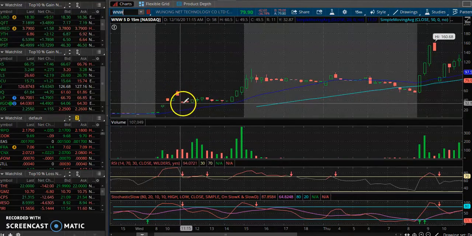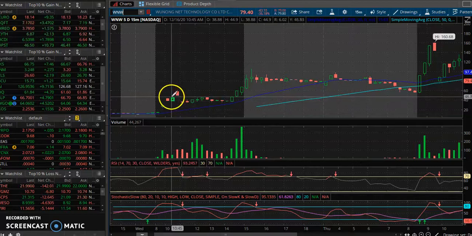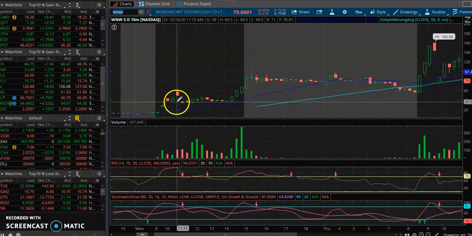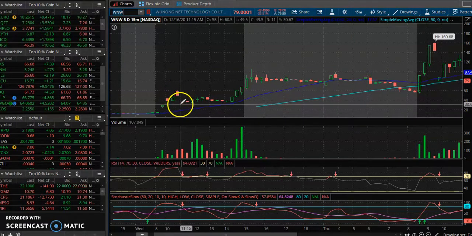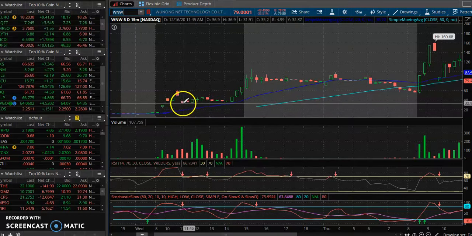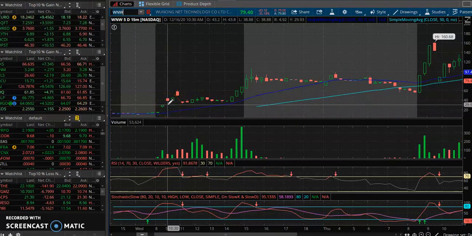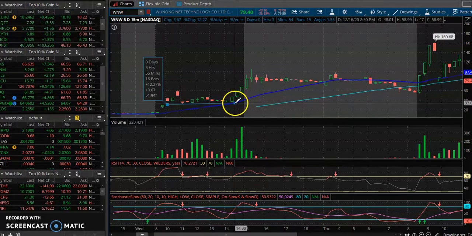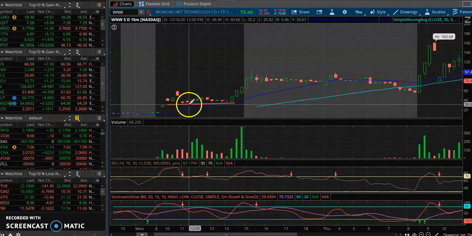So you want to be getting in right here. This is where you don't want to be getting in, where everybody's going to be selling into you. You want to be able to get in on the bottoms when the stock gaps down and is close to a moving average and it has some kind of support.